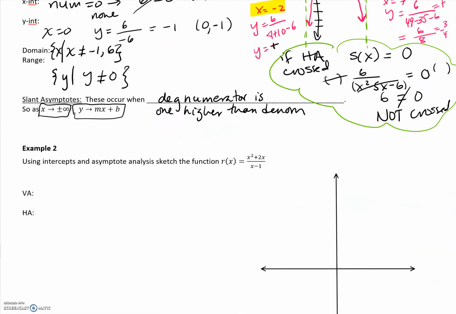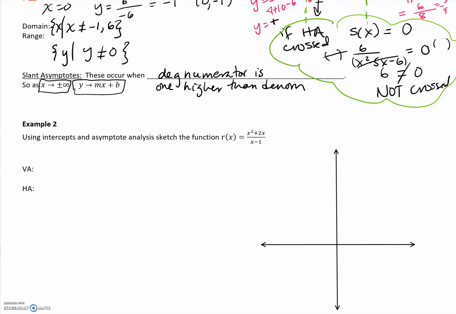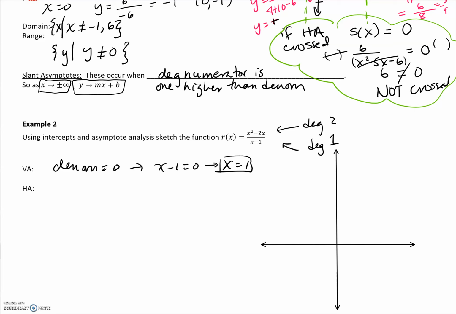Here's what I mean. For example 2, notice the degree on top is 2 and the degree in the bottom is 1. Whenever the top is 1 greater than the bottom, you're going to have a slant asymptote as opposed to a horizontal asymptote. So the VA here we can quickly get from the denominator equal to 0, that's going to be 1. No change there, same as before. For the horizontal asymptote, we would say none originally when we see that the degree of the numerator is greater than the denominator.